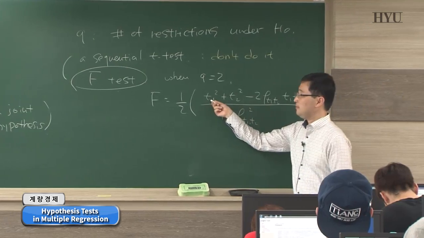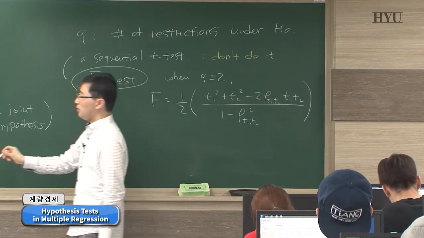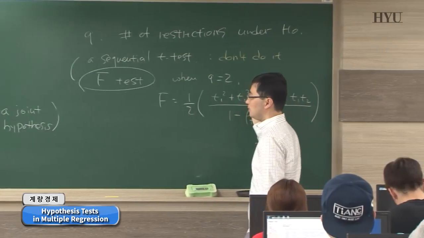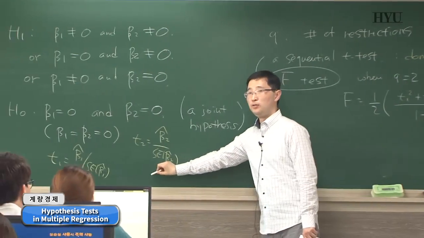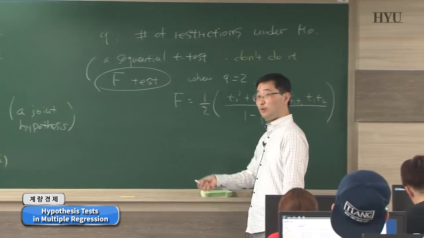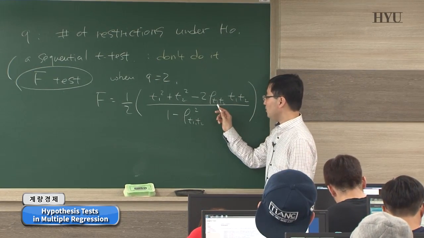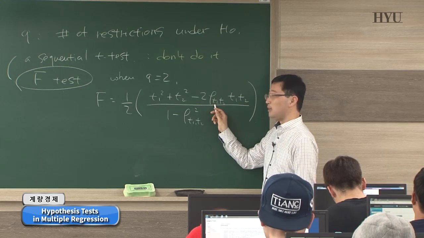So what is T1? It's the T value for beta 1. What is T2? It's the T value for beta 2. So you have to know them. Well, you have to know more. You have to know the correlation between T1 and T2.